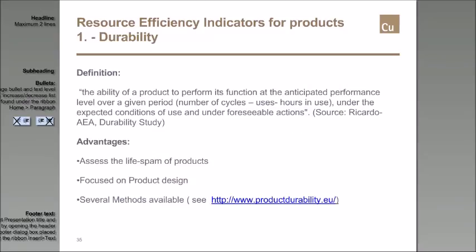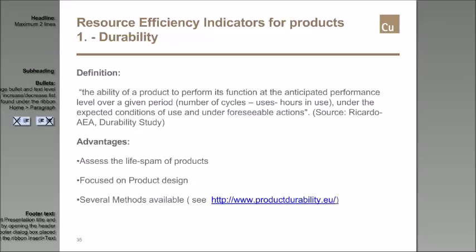The first, durability. So we define durability as the ability of a product to perform its function in a given period of time or hours under conditions. So you have more information in the link attached on how this durability could be measured.